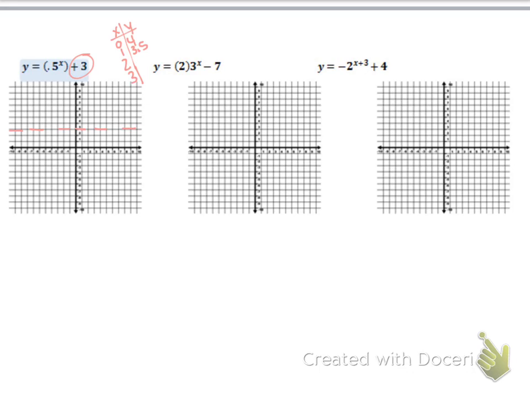I get 3.25. And then 0.5 to the third plus 3 gets me 3.125. So it's crossing at 0, 4, so 0, 1, 2, 3, 4. Gets closer and closer to 0. And then I go right 1 up 3.5.